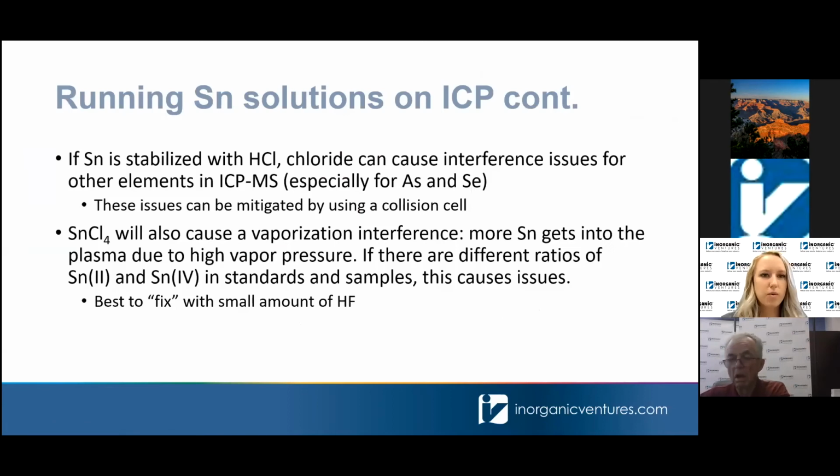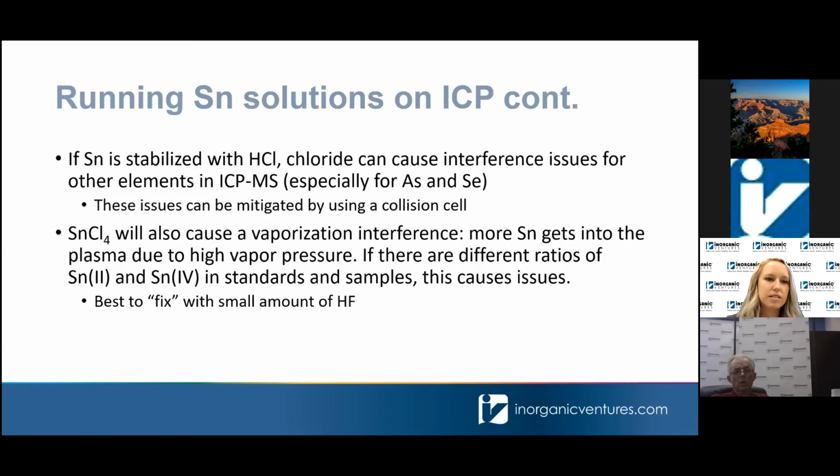So once you have your tin in solution, you're going to want to run on your ICP. Some issues that you're going to see if you have tin stabilized in hydrochloric acid are, again, the polyatomic interferences for arsenic and selenium. If you just use the collision cell or helium mode for your ICP-MS, that's going to eliminate those issues.